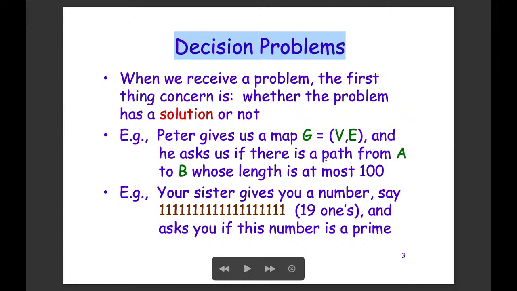So this is a problem. And then the answer for this one is either yes or no. Yes, when there is a path of length at most 100 units, and no means that no matter what kind of path we can find between A and B, the length is greater than 100. Okay, so this is a yes/no type problem.